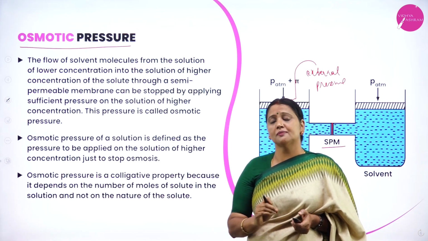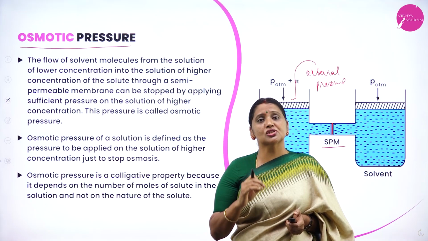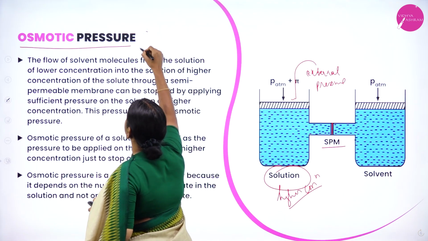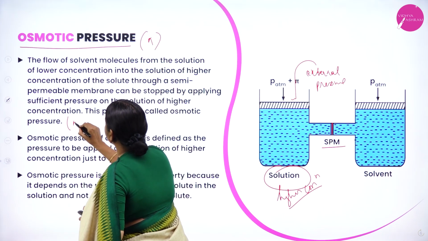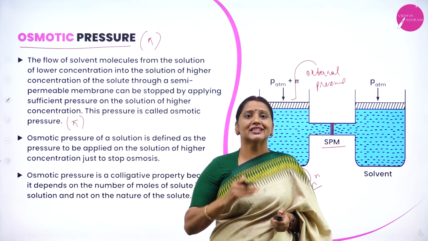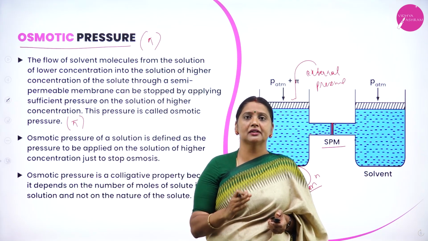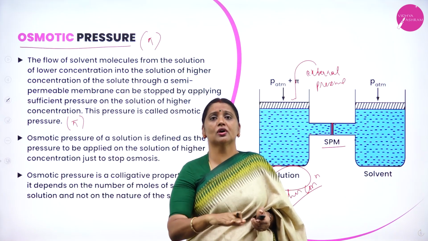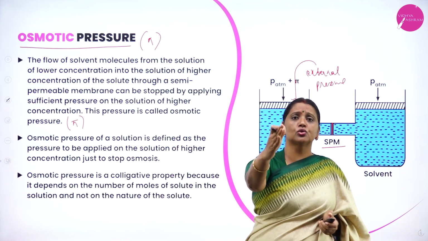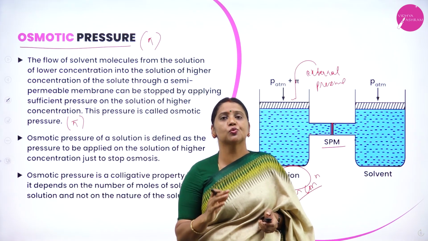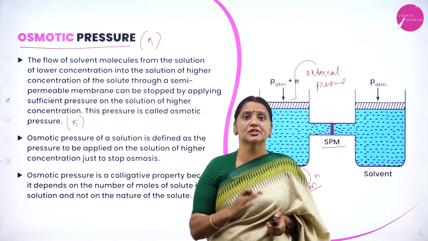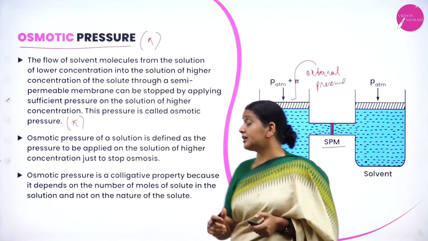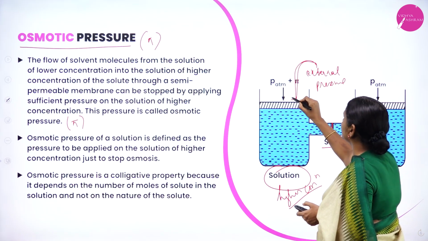That sufficient external pressure is called osmotic pressure, and it is denoted by pi. Osmosis is the flow of solvent molecules from lower concentration to higher concentration through a semi-permeable membrane, and it can be prevented by applying sufficient pressure on the solution of higher concentration.